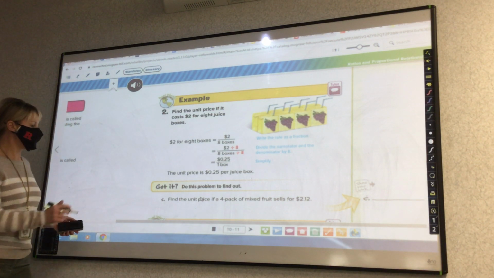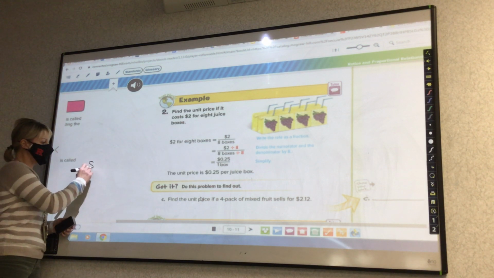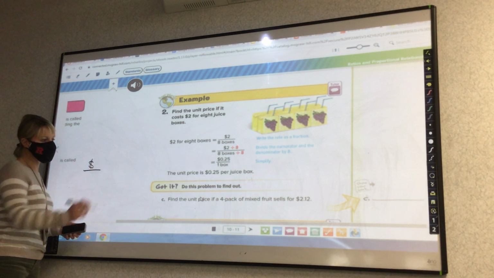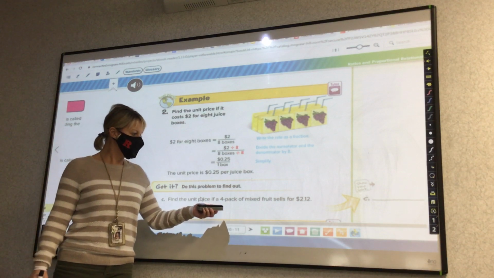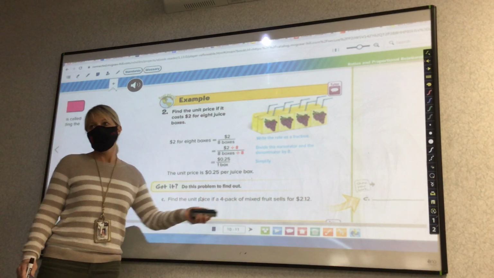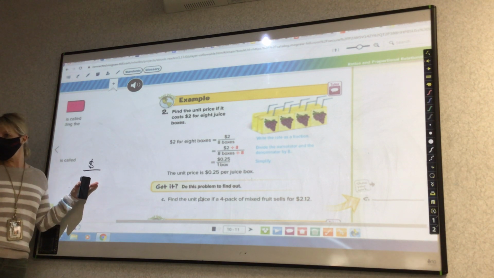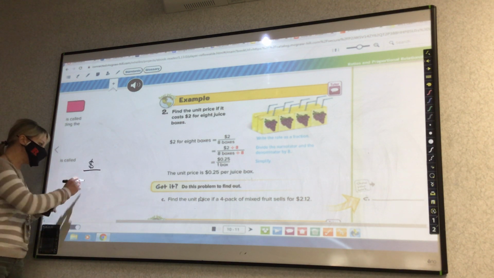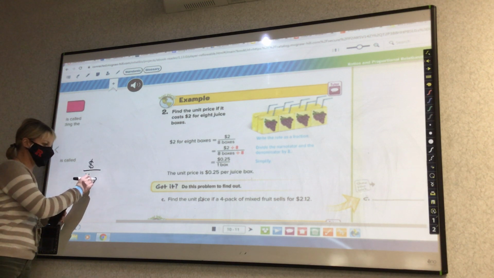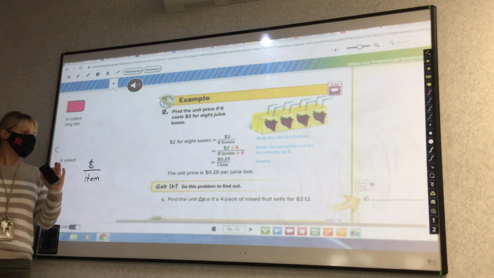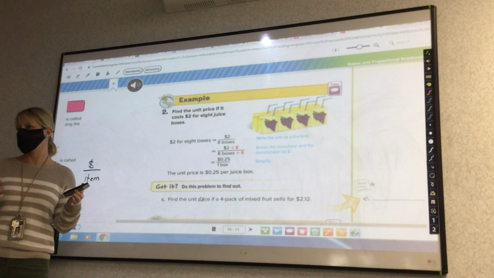So I am going to start with my label, cost per, and this is the unit price of a pack of mixed fruit. So my item is down here. I can either call it fruit or item. It doesn't matter. But it's not the whole pack. Does that make sense?